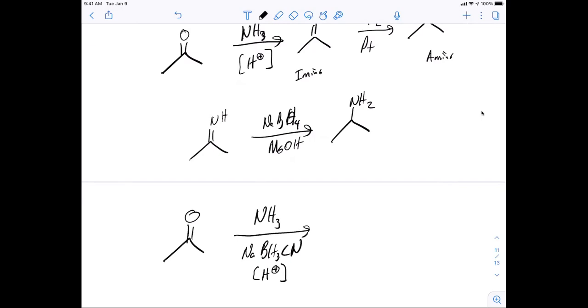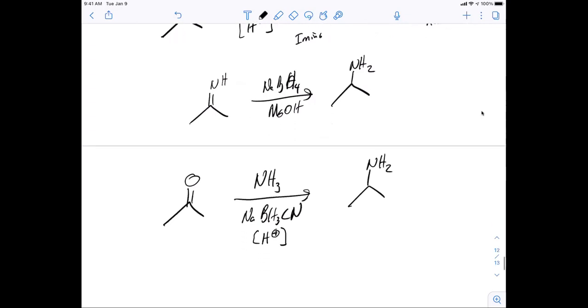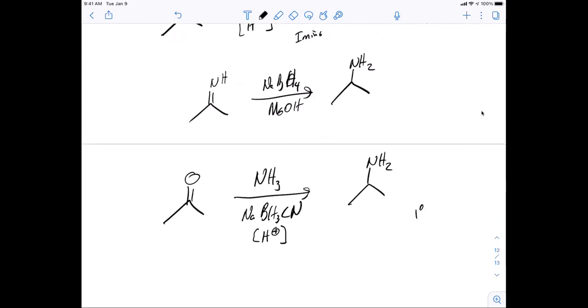So now I've added a reducing agent that won't react with the carbonyl, which means that I can do this all in one pot. So I don't have to do it in multiple steps. I don't have to make the imine and then reduce the imine. Okay, so it's a special reagent, right? Don't put in the sodium borohydride, because sodium borohydride could reduce the carbonyl. But we can see here, this is made a primary amine.